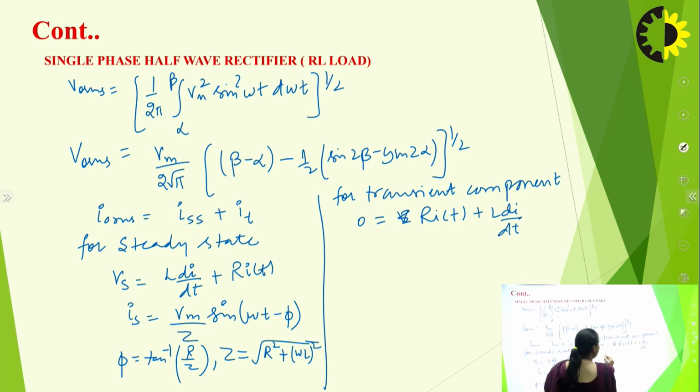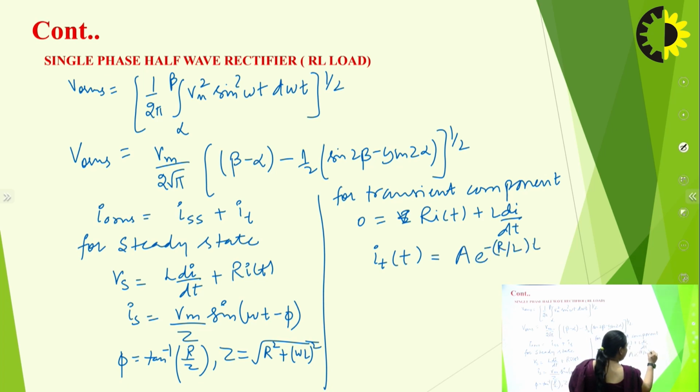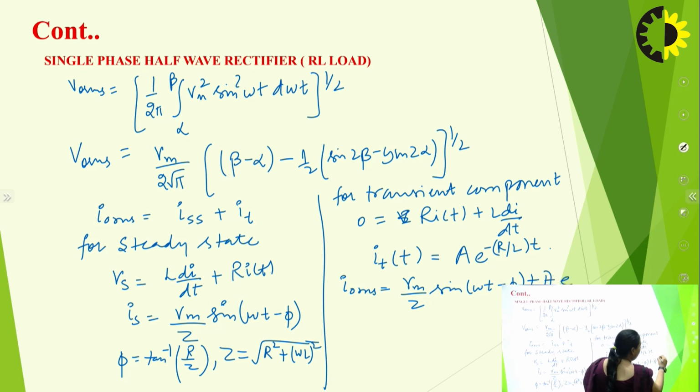The solution for this equation will be i t, the transient component, equal to A into e raised to the power minus R by L into t. So we'll get the value of I naught RMS by adding these two components, which is Vm upon Z sin omega t minus phi plus A into e raised to the power minus R by L into t. So you have to find out the value of A here.